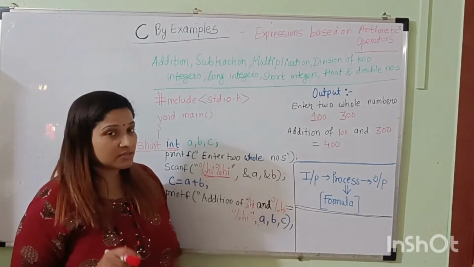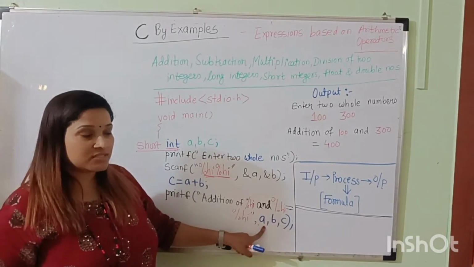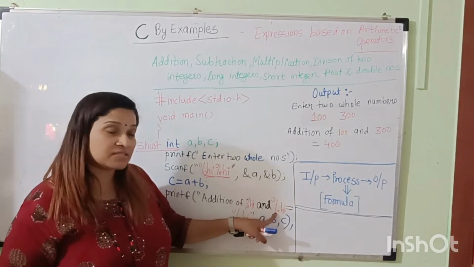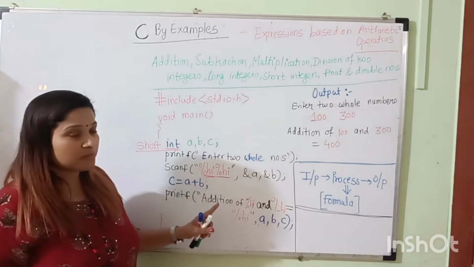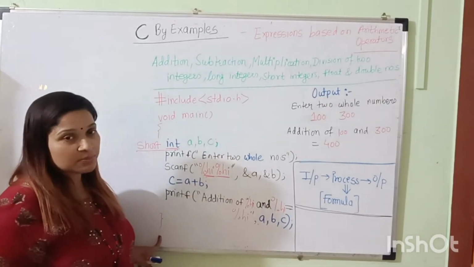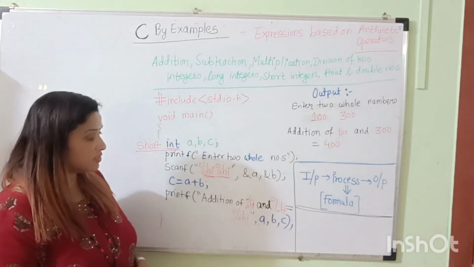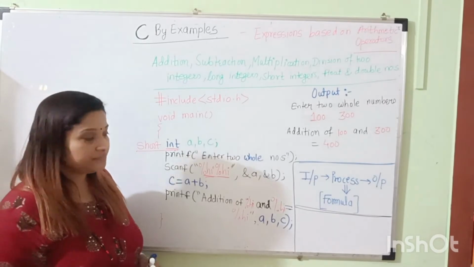Double quotes completed, comma A, comma B, comma C. So the value of A will be replaced in the first %hi, the value of B in the second %hi, and the value of C in the third %hi. That is the entire program. And end this program using the closing curly brace. Now, whenever we execute this program, the first line is nothing but short int.